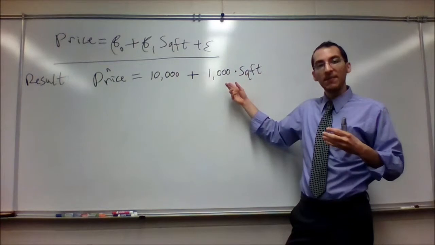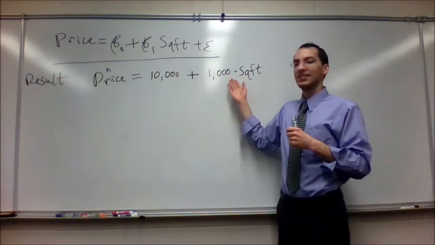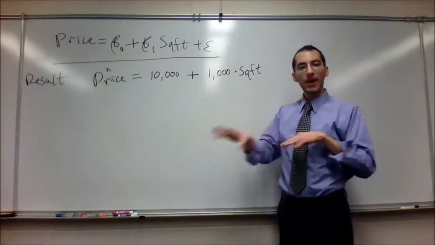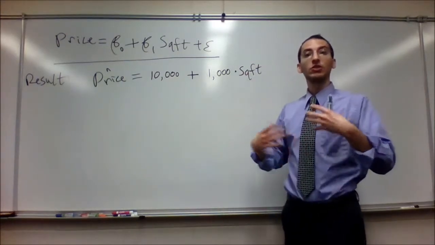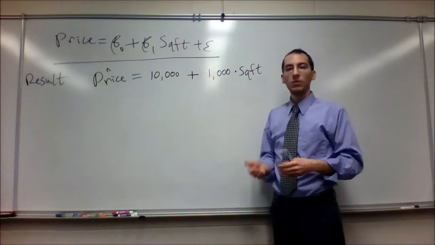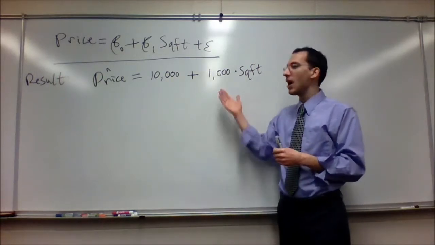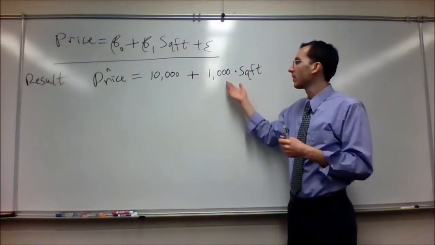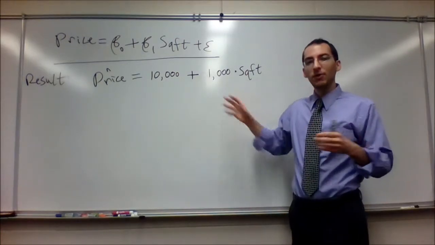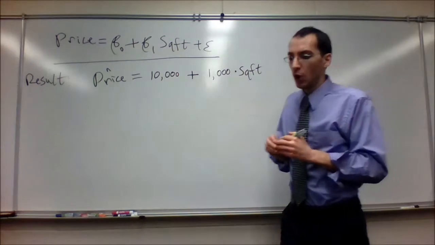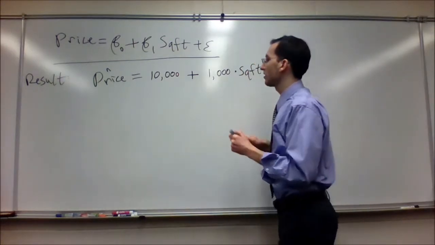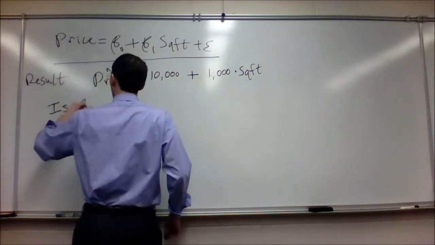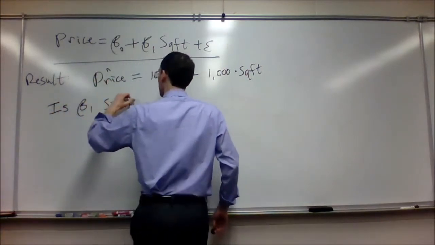So that's great. But here's the thing, is that statistically significant? This goes all the way back to our initial intuitions, I should say, when we're talking about whether or not what we observe in the data is statistically significant. So what does that mean for regression? Well, what this means and what we're asking is beta 1 statistically significant?